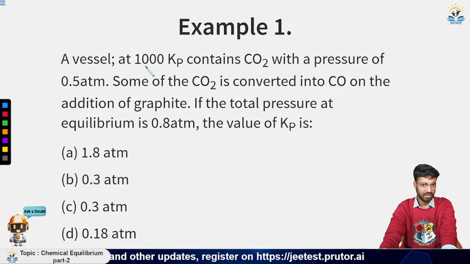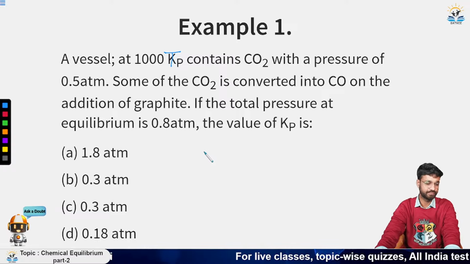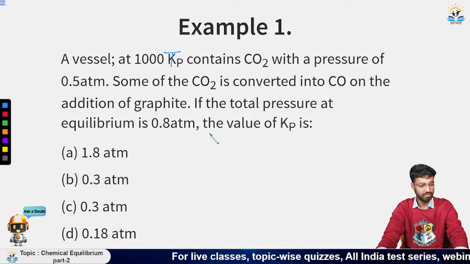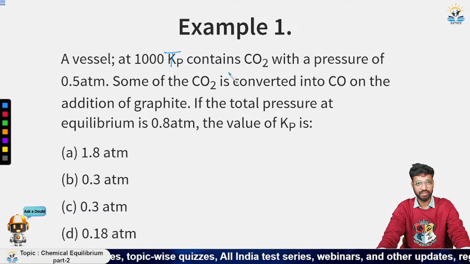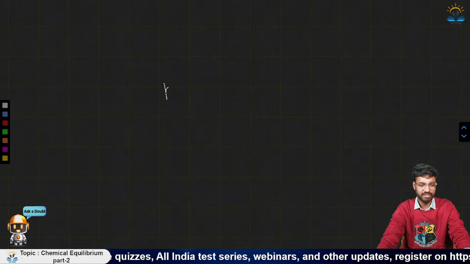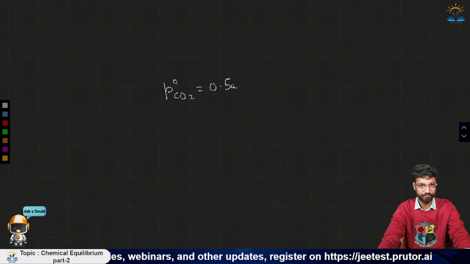It says that a vessel is kept at 1000 Kelvin. Sorry, this is Kelvin. It contains CO2 with a pressure of 0.5 atm. So what is given? First of all, Kp, and the initial pressure of CO2 is 0.5 atm.